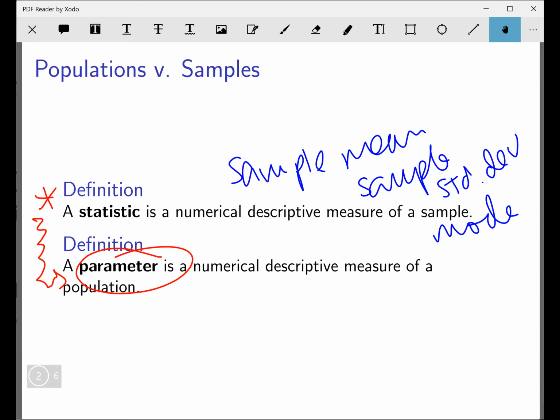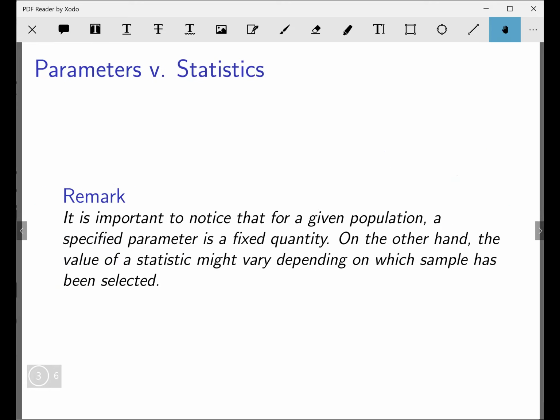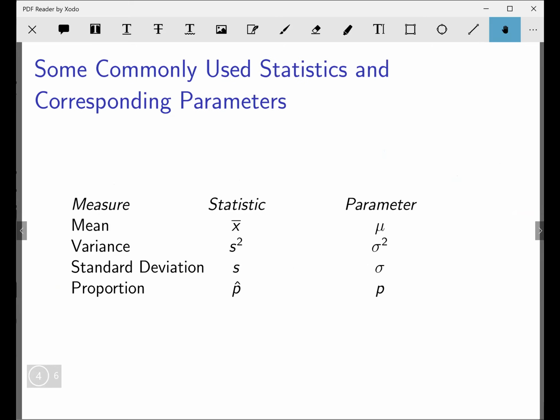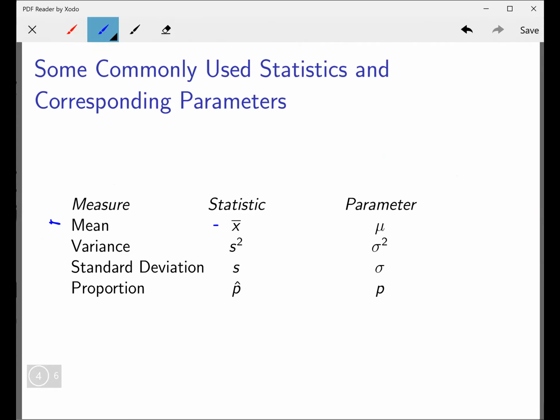Some of these values are the sample mean, which we see at the top of our list. We use X bar to denote the sample mean. The population mean is denoted by the Greek letter mu.